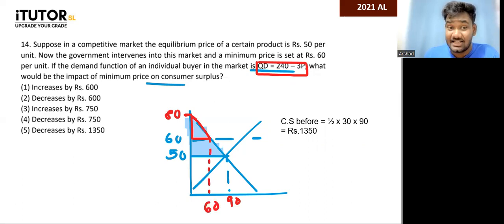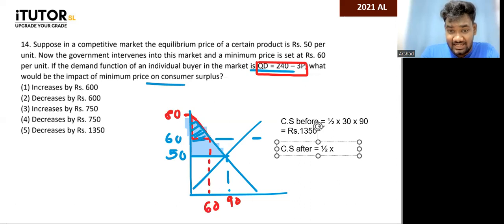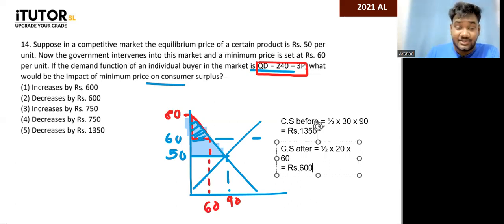So now what is the consumer surplus? Now the consumer surplus is this area, the red color triangle. How much is that? CS after is half into base, height is 20, base is 60. That is 600. Okay. So what can you tell about the impact, guys?